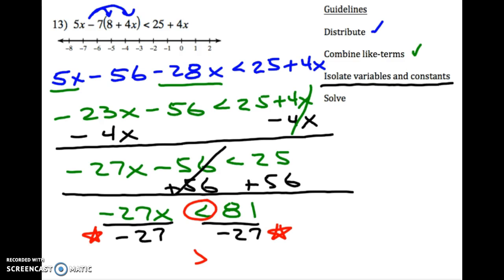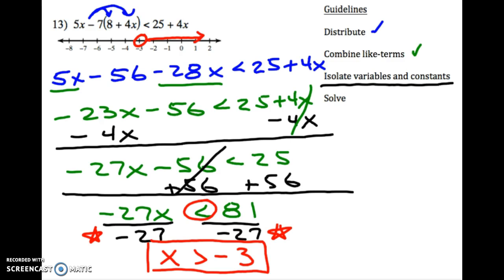So negative 27 divided by negative 27 will leave us a positive x. 81 divided by negative 27 will be negative 3. So algebraically, we got x is greater than negative 3. Graphically, since it's not an equal to, negative 3 is not included, so open circle. And in this case, it's greater than, so we got the numbers to the right. So we shade to the right.